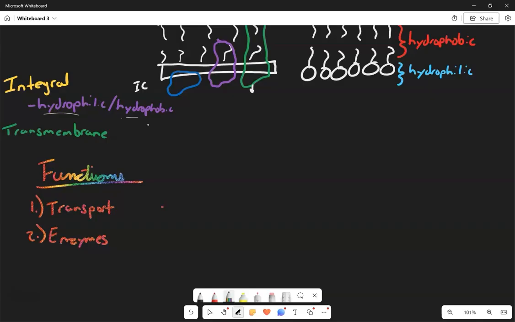They can be involved in signaling pathways, which we call signal transduction. That's basically a flow of information. They can be involved in cell-to-cell recognition. Right? So how do you recognize what a cell is for your own body?